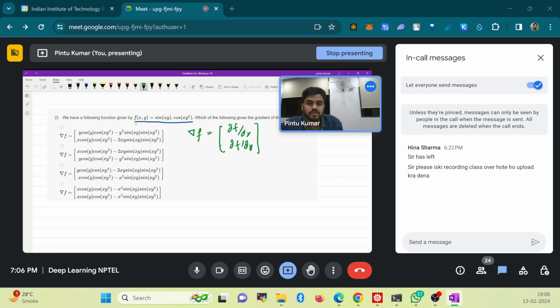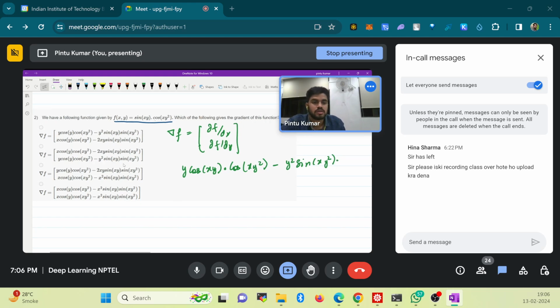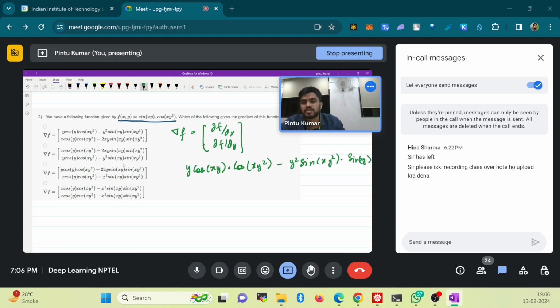So this would be y cos xy into cos of (xy) squared. And because this is cos, the derivative would be minus sine, so minus y squared sine of (xy) squared into sine xy. I think none of the options are correct. This should be xy everywhere. There is some mistake in the options given, but that's fine.